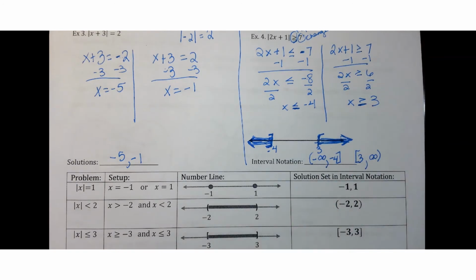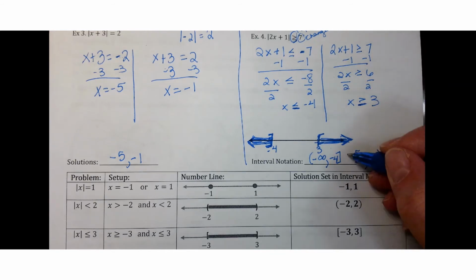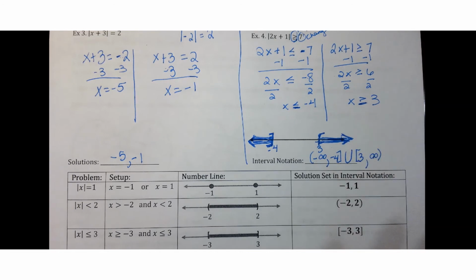Now, when you've got 2 different sets, 2 different intervals, but one answer, I need to be able to join these together in the same answer, in the same interval notation. And we use what's called the union symbol. Think of this kind of like, you know, 2 people getting married.